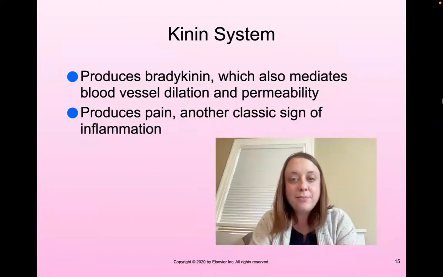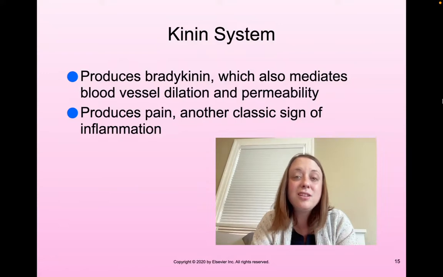The kinin system in the body also contributes to inflammation. The kinin system produces bradykinin, which is another chemical that helps to mediate blood vessel dilation and permeability. It produces pain, which is another classic sign of inflammation as well.